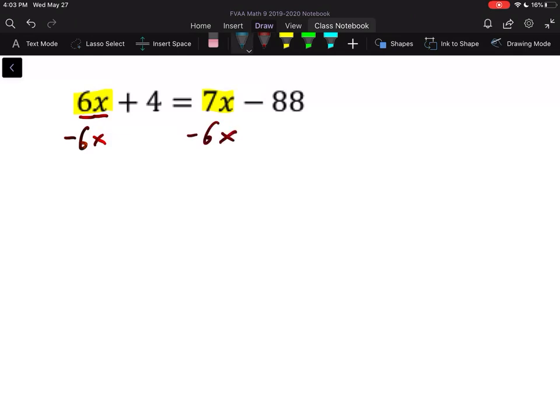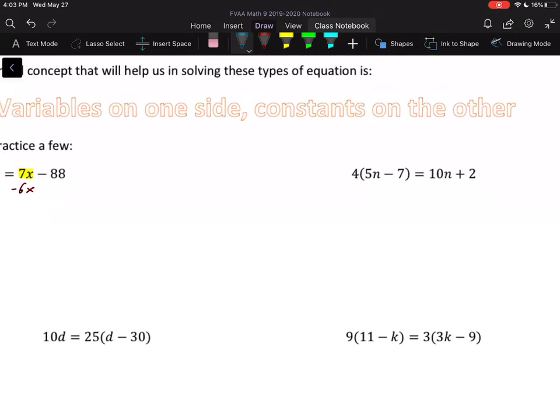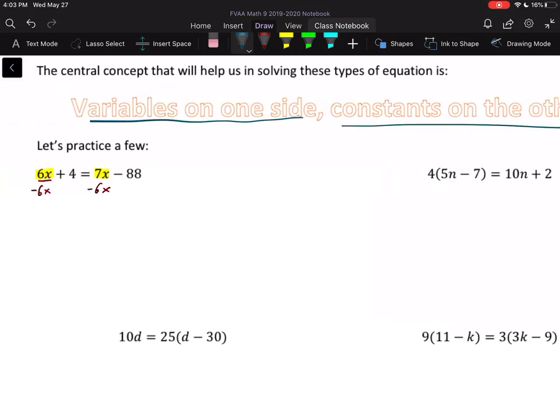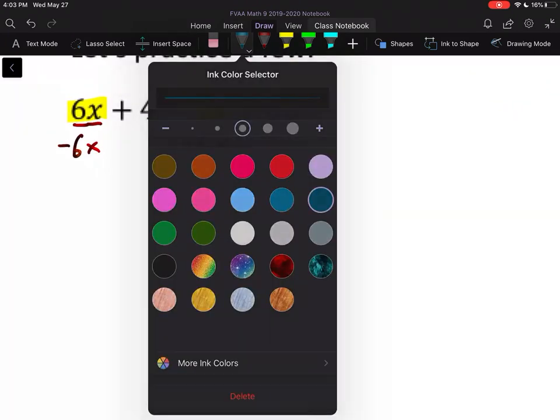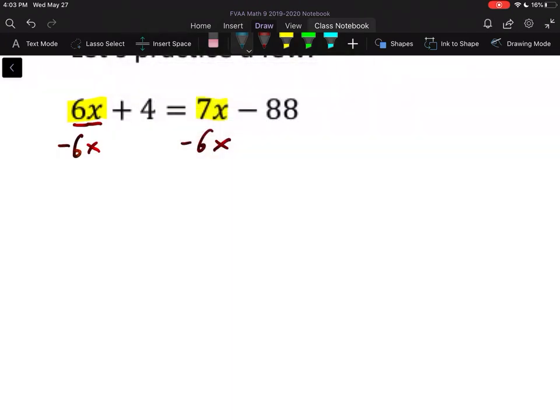Again, based on what this is telling me, variables on one side, bringing the 6x over should do that, and I want to bring the constants all to the other side. So if I'm bringing my variables over to the right side, this is my variable side, then this is going to cancel out, right? Positive 6x minus 6x is equal to 0, so they cancel out.